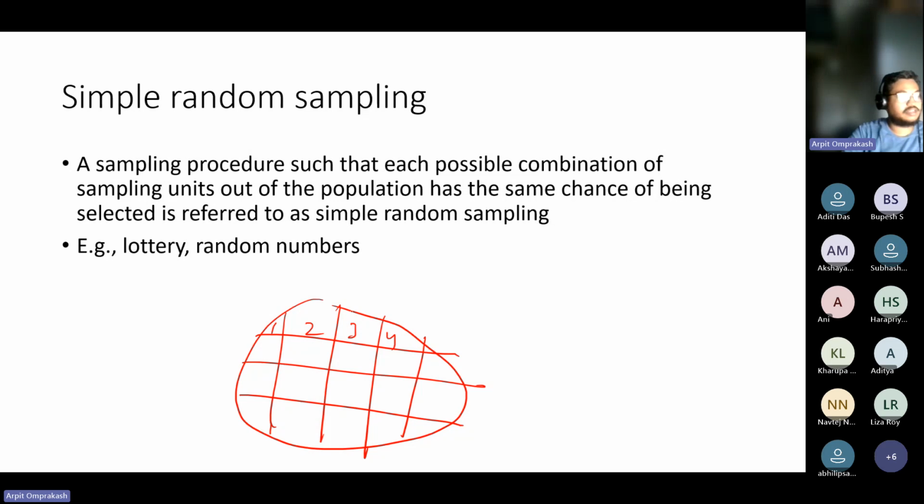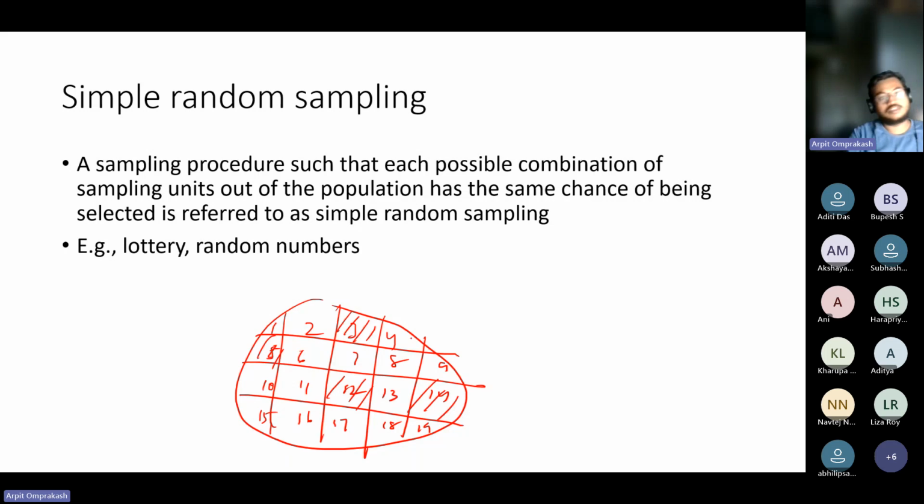And let's say we get 3, 6, 12, 14, and 5. So we made 19 chits. Out of that, we picked 4 chits. And these are the 4 chits that we get.